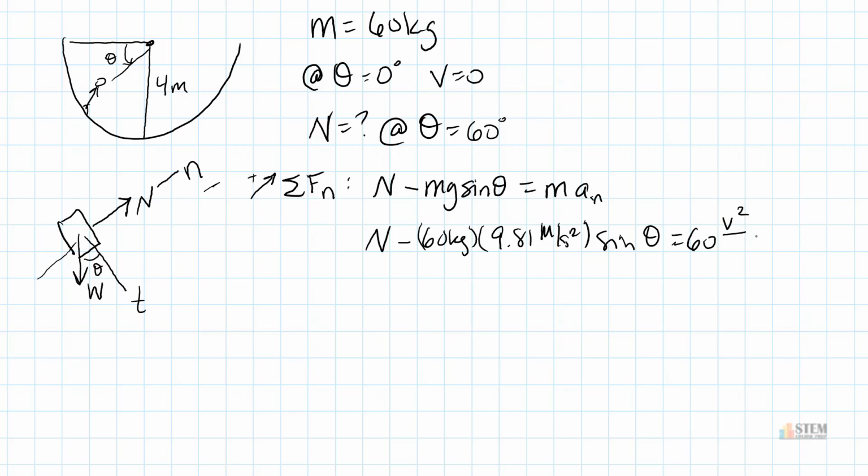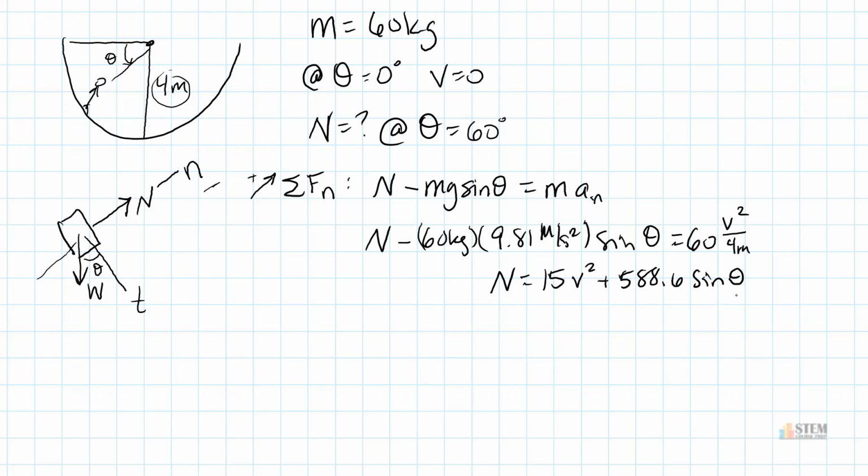And what should rho be? It's going to be 4, because of this right there. Now we've got some unknowns in here, so let's solve this for N and then we'll hang on to it. N is going to be 15 times v squared plus 588.6 times sine theta.